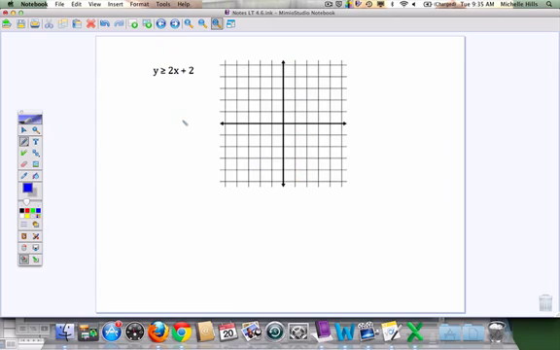So my next line I'm going to do a little bit faster. This one crosses the y-axis at positive 2 because the constant is positive 2. The slope is the coefficient of x, so I'm going to go up 2 and to the right 1 to put my next point, and I need to put my scale on my graph. Now I'm going to go ahead and draw my line through those points. This one will be solid because the line itself is where equals is true and equals is part of this inequality.